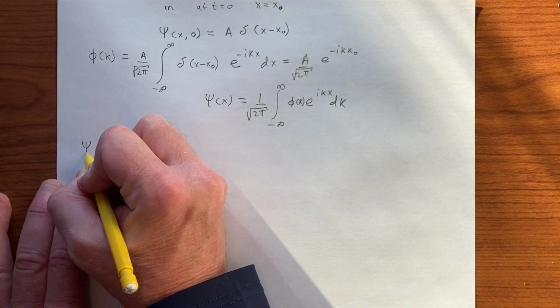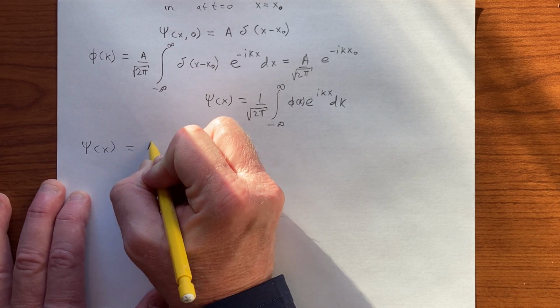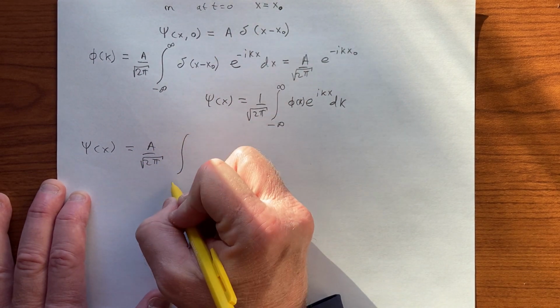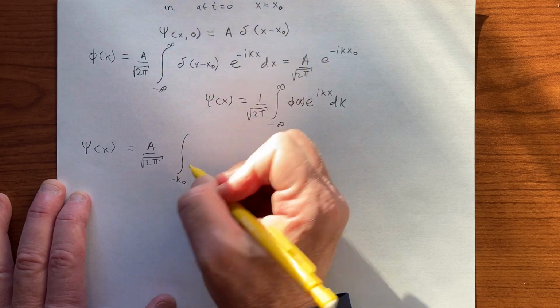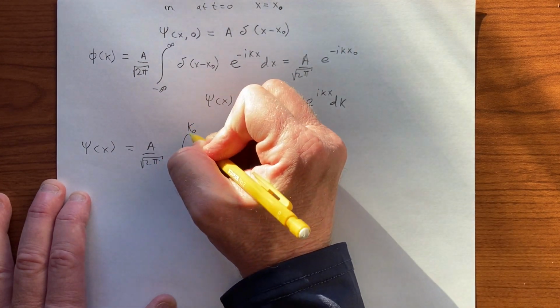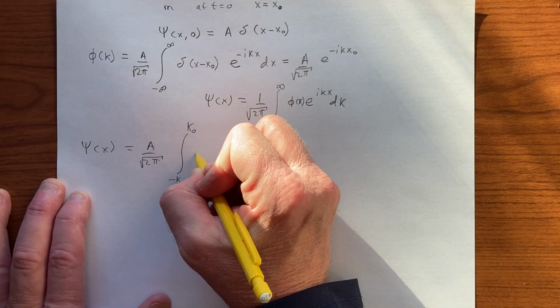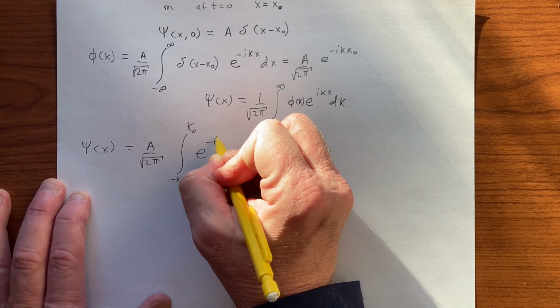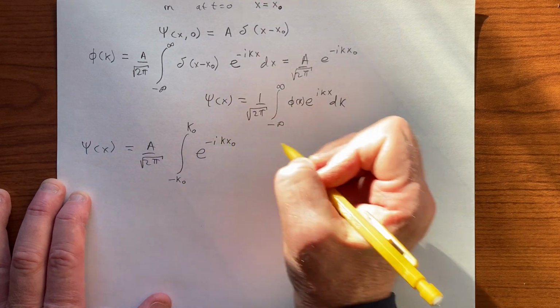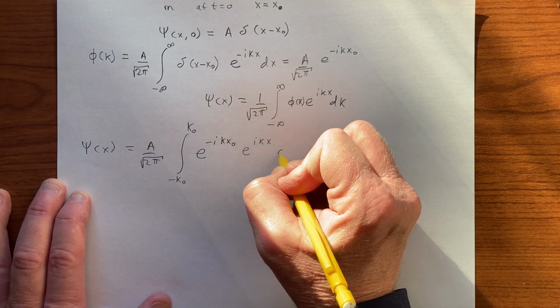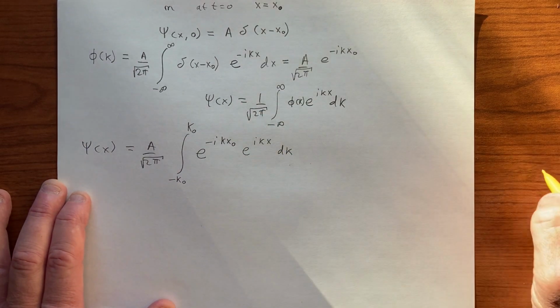So this becomes a over square root of 2 pi, integrating, let's make k not go to infinity here, but we get e to the minus ik x naught, e to the ikx in dk.